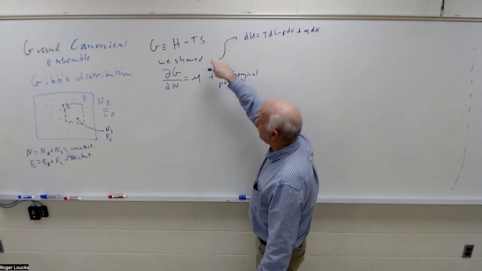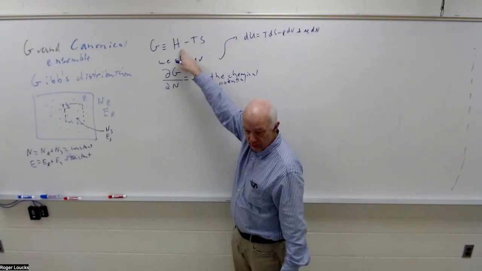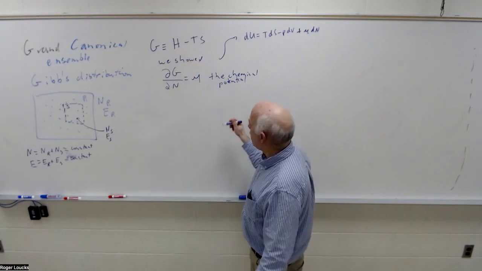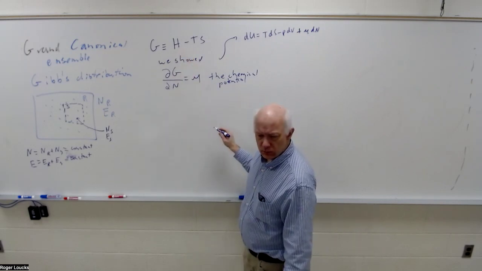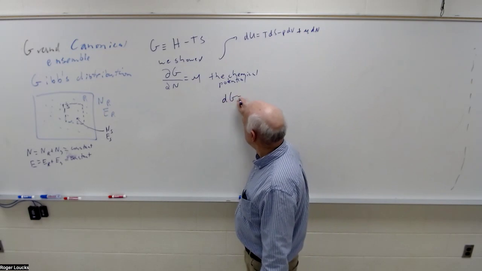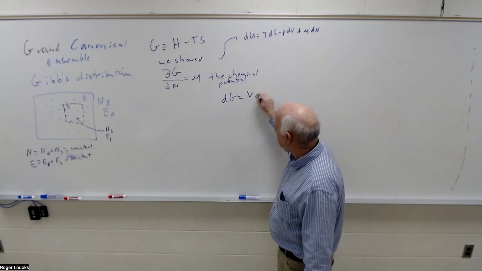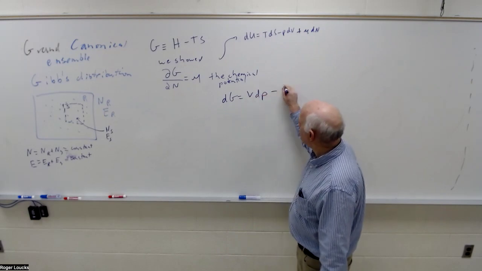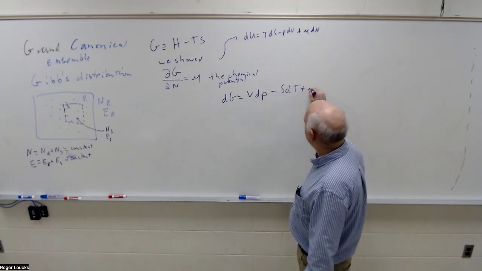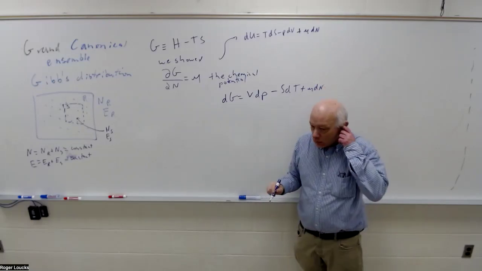So we traced it all the way back into here. Everyone happy with that? And when we did that, what was our dG? It was V dP minus S dT plus mu dN.